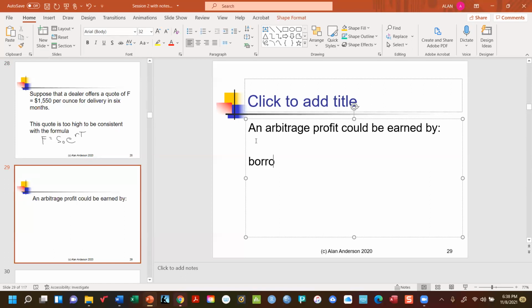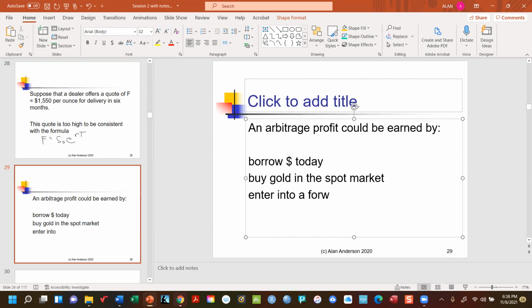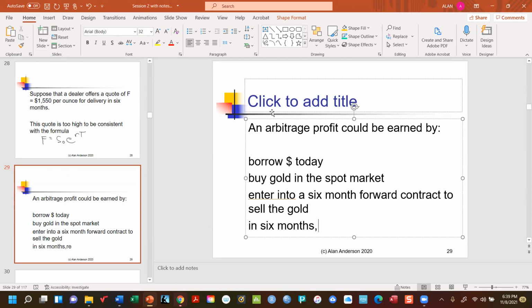You're going to borrow dollars today, buy gold in the spot market, enter into a 6-month forward contract to sell the gold, and then in 6 months repay the loan.